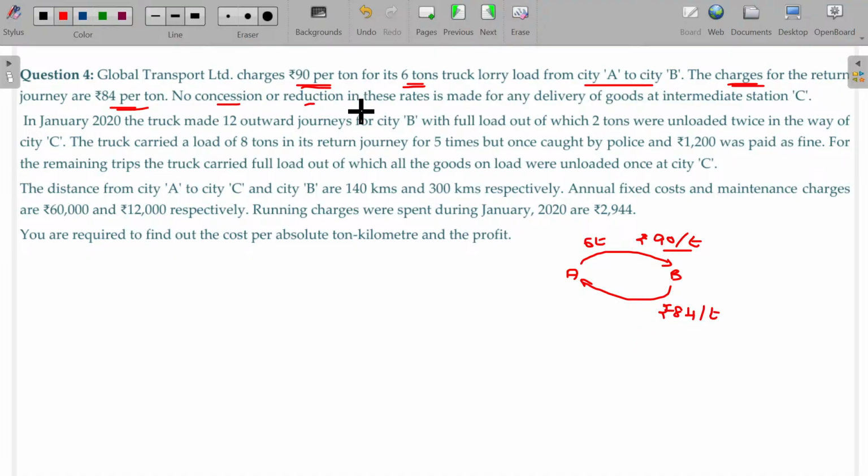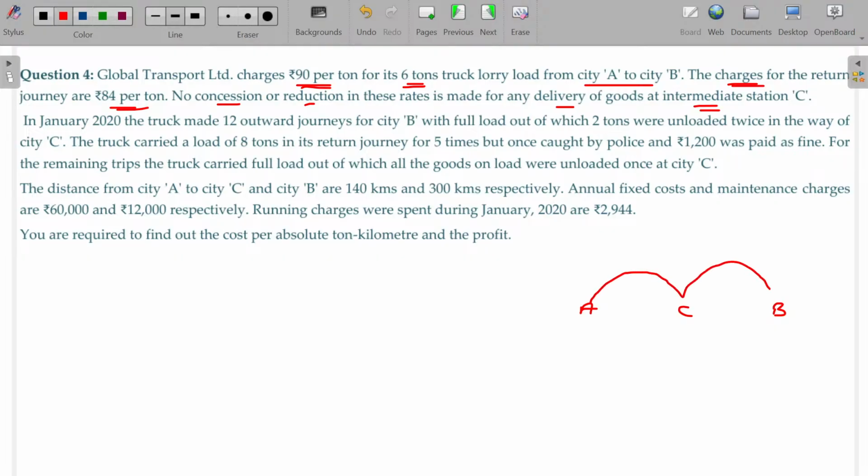No concession or reduction in these rates is made for any delivery of goods at intermediate station C. In between there is an intermediate station C. So A, C, B. Clear?